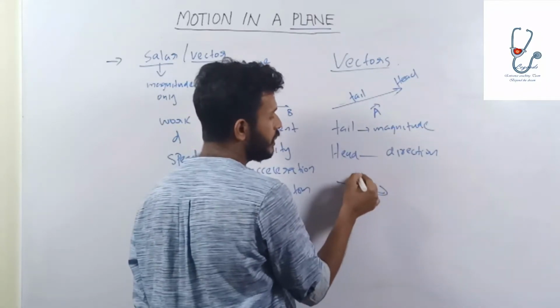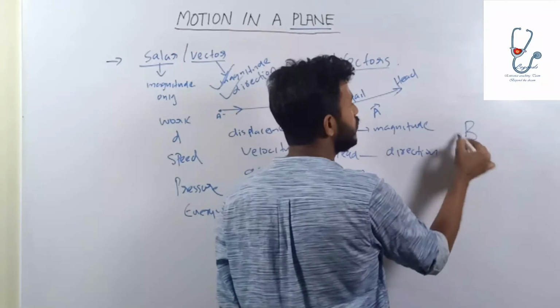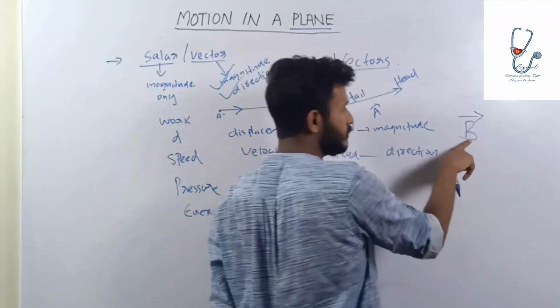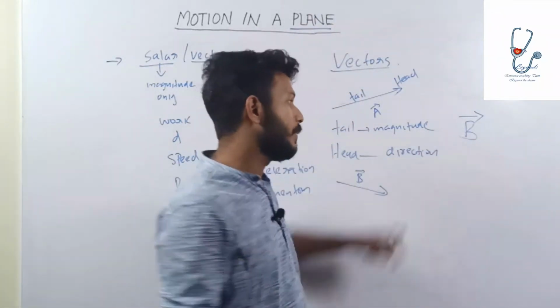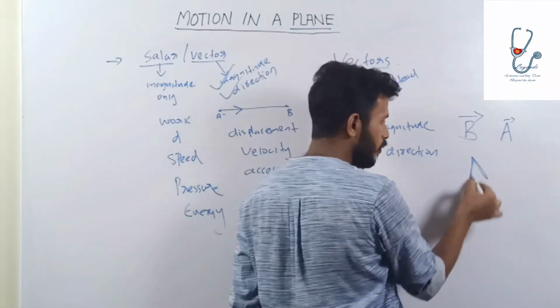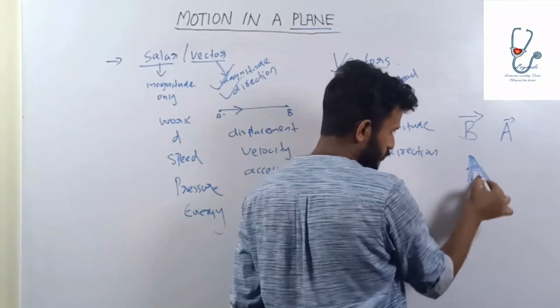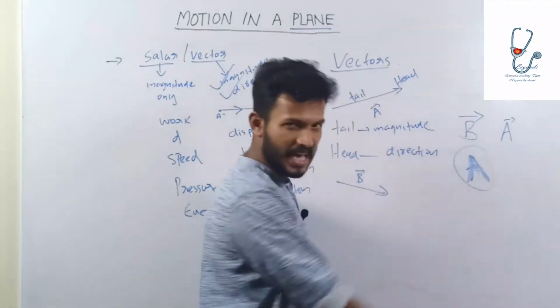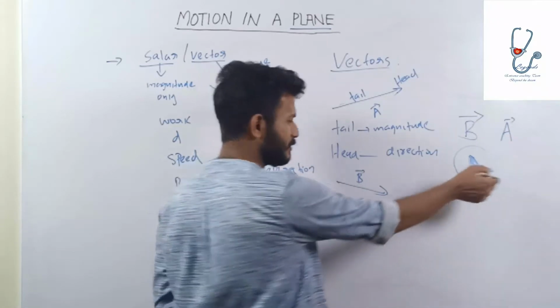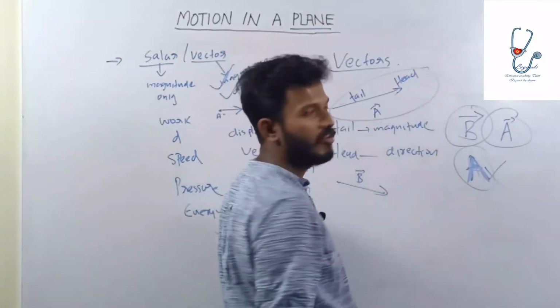This is another vector B. In written format we can represent a vector like this. This is known as vector B, or this is known as vector A, or write it in bold letters. This is also known as vector A. Like this we are representing vectors.